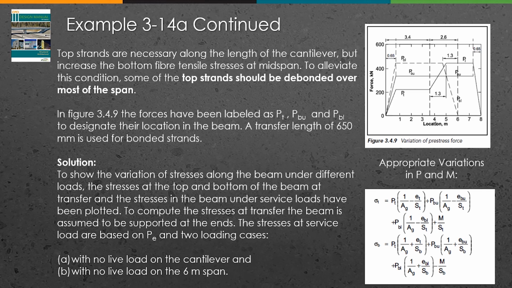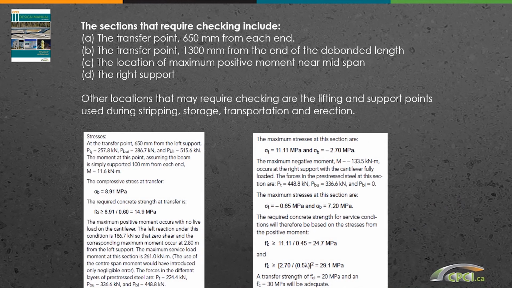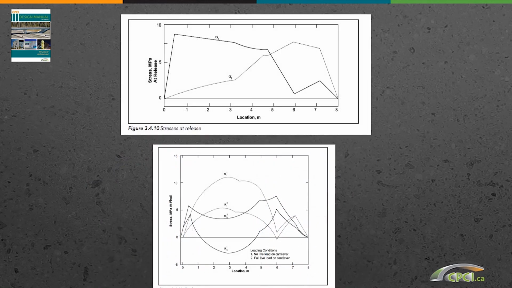And then once we arrived at this, we can calculate the stresses top and bottom at different sections. Essentially, this is the way it's usually done for a cantilever beam like this. These are the top fiber compression stresses, and this is the bottom fiber compression, as accumulated section after section.